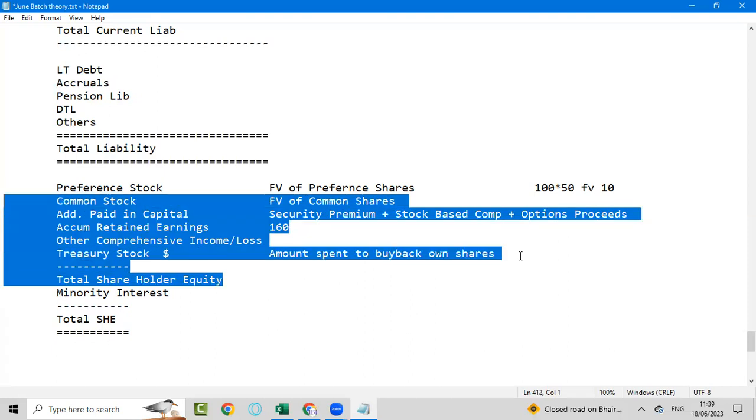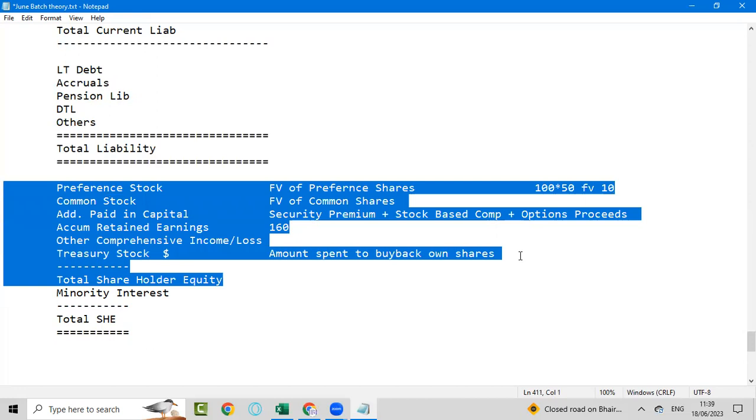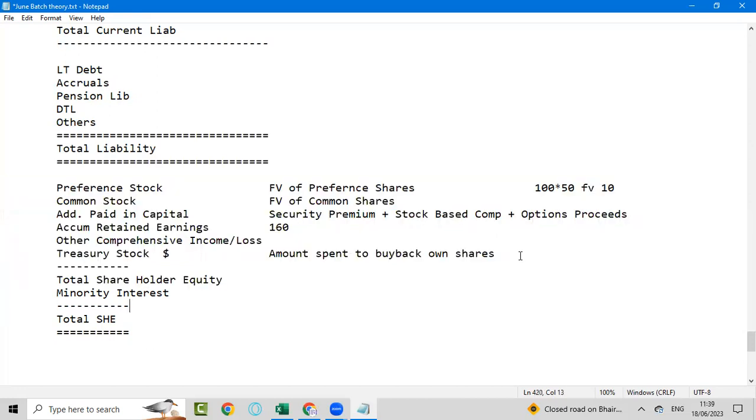So this shareholder equity is the parent company's equity. But there are subsidiaries also. In those subsidiaries, you may have investment of someone else. So that investment, which is not owned by parent company, is minority interest. So let me write here.